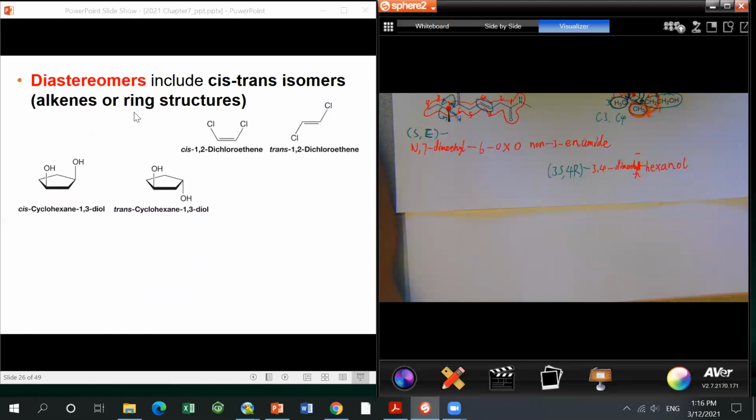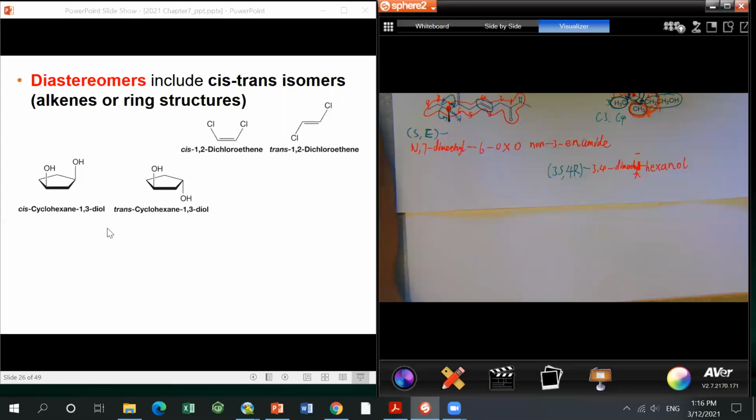We already learned some diastereomers. One is cis-trans for alkenes. You can see some stereocenters have the same alignment, some the opposite alignment. Another is cis-trans for substituted cyclohexane or cycloalkanes. Some same, some opposite.